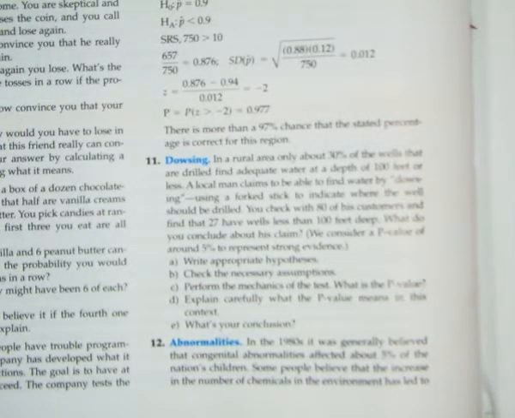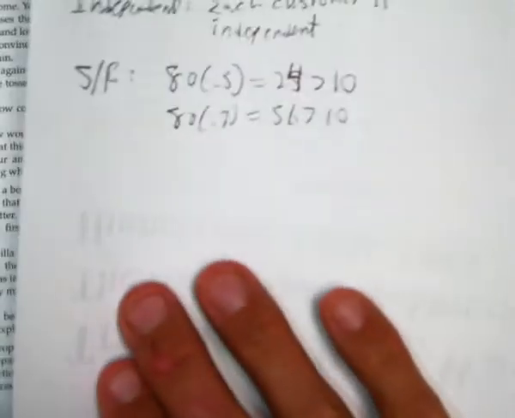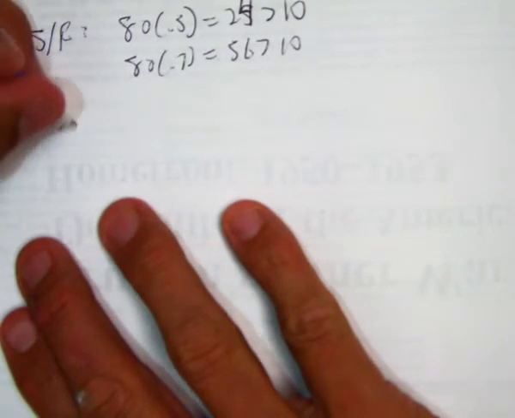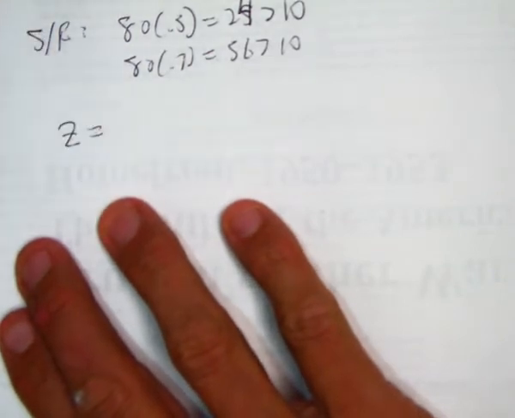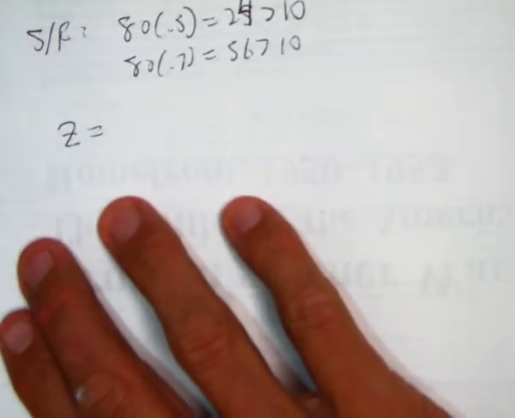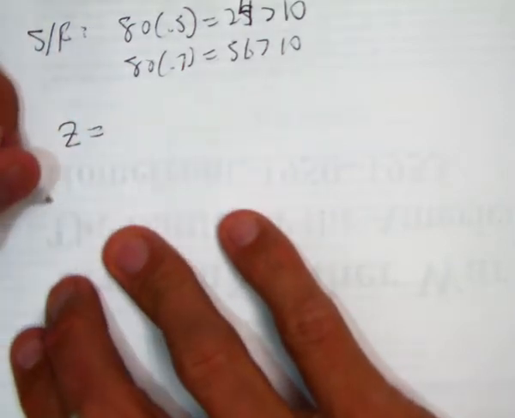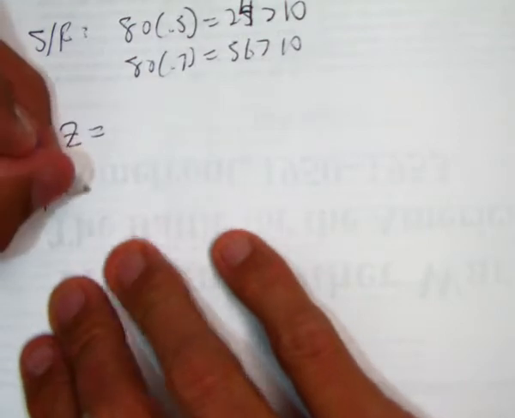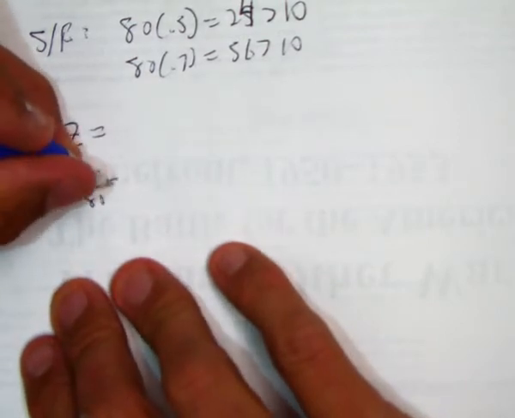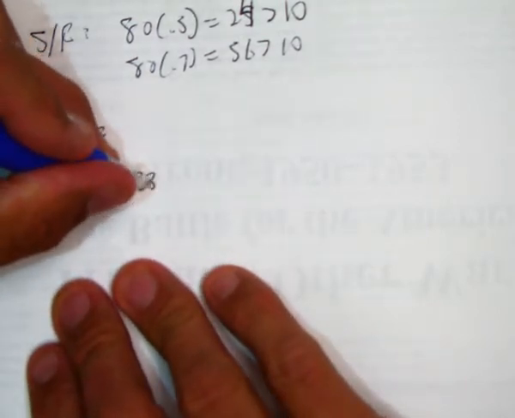And now we got to perform the mechanics of the test. Okay. So basically do a z-score, and we need to know what p hat is. So what is p hat here? Well, p hat is 27 over 80, and that comes out to 0.3375.